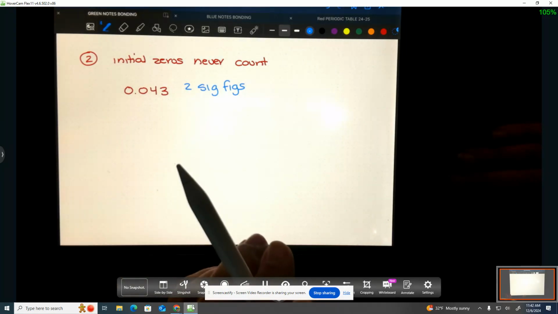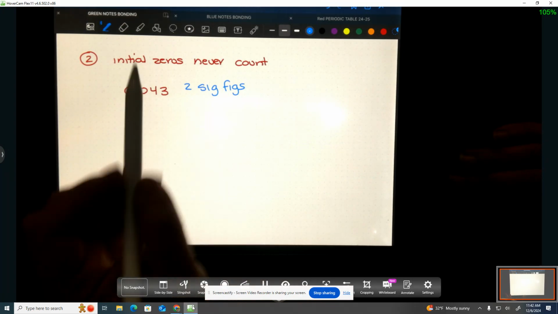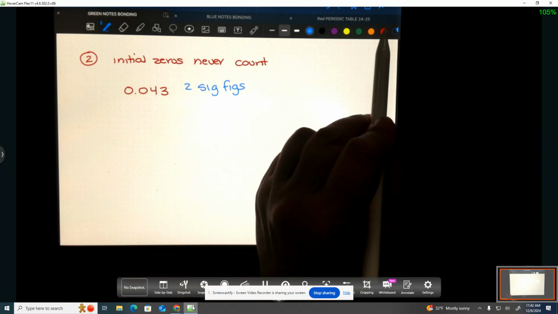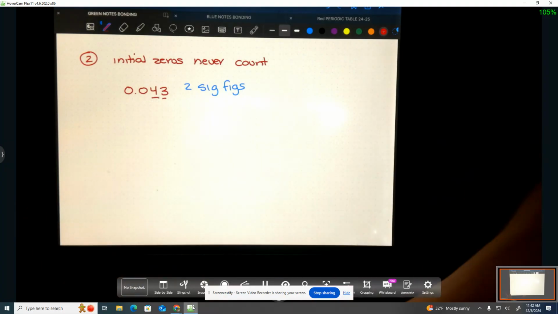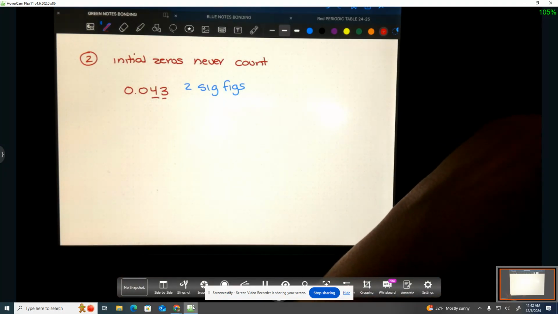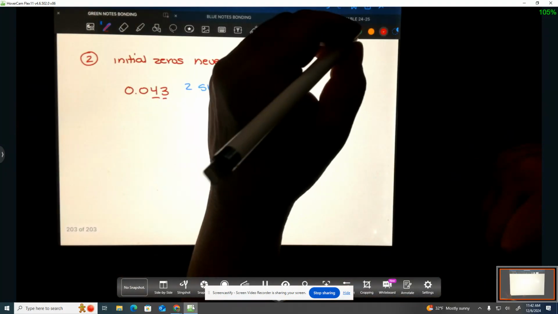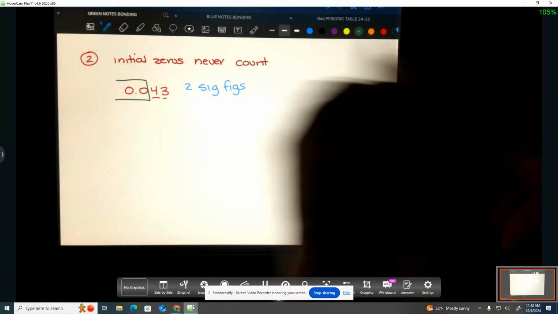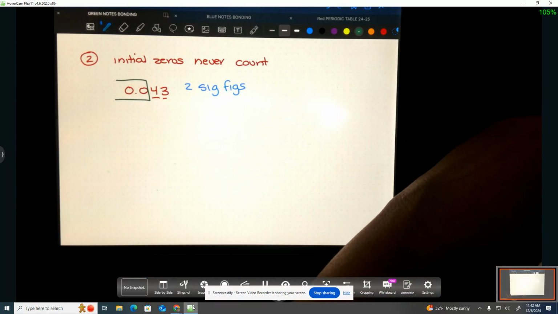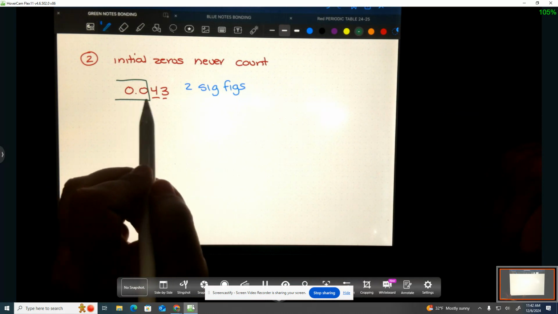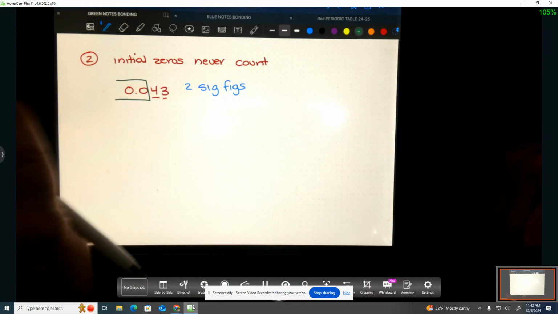Everybody's eyes up here, after you're done writing. Rule 1 says the 4 and the 3 are significant. Initial zeros are any zeros that are to the left of the first non-zero digit. That's initial zeros up here on the left-hand side.